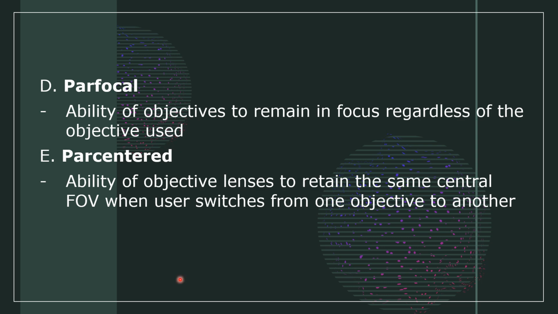After that you shift to a higher magnification, let's say the high power objective. It is said to be parfocal when you shift to the high power objective and you still get a crisp detail of your sample. So it still remains in focus.